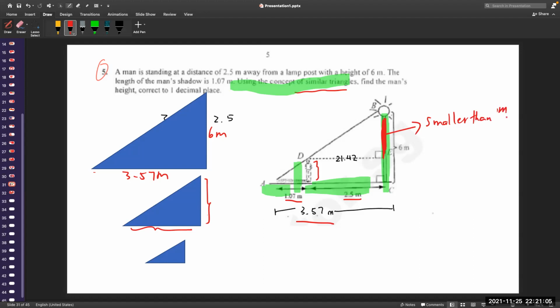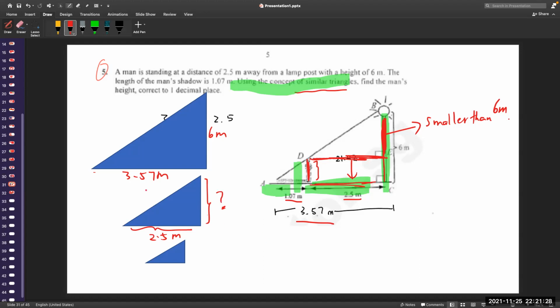Okay, and then I know this one, which is 2.5. Can you see? It's 2.5, right? So the two properties, one of them, the length ratio has to be the same. With the length ratio, I can find out the question mark here already.